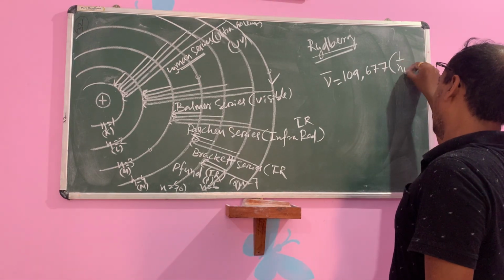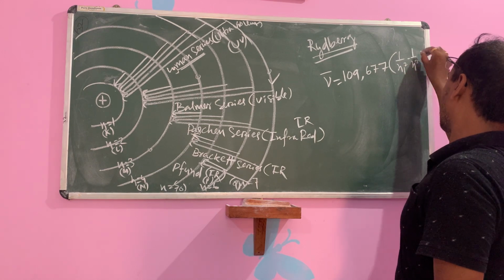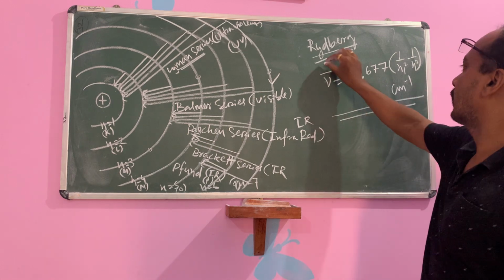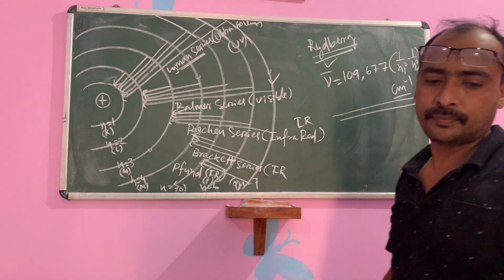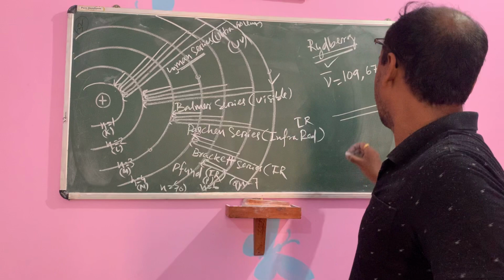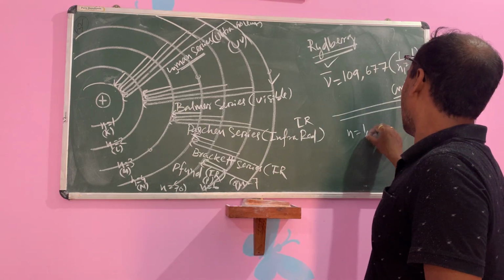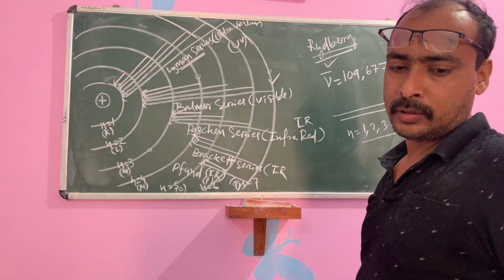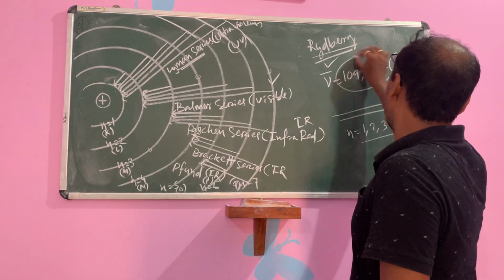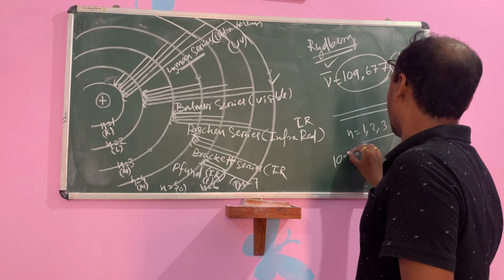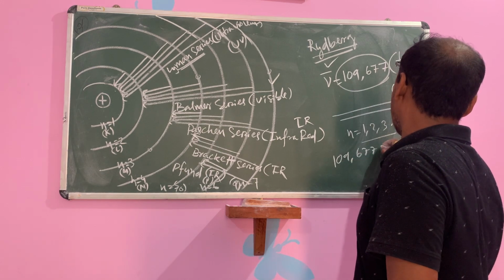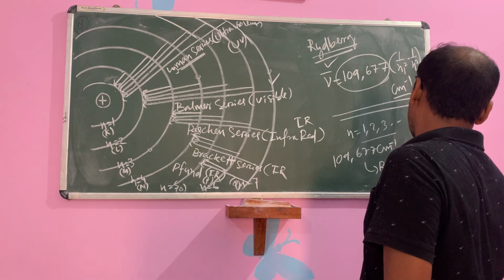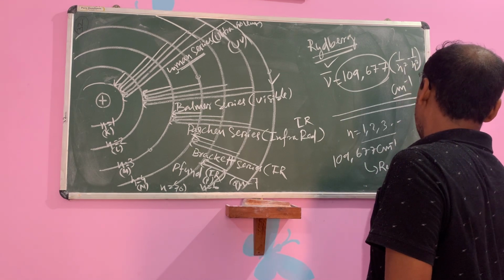The unit is centimeter inverse, since it is wave number. Here n is 1, 2, 3 and so on. 109,677 centimeter inverse is the Rydberg constant.